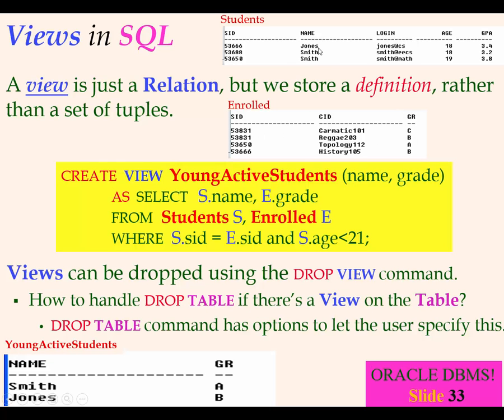How do I know? Jones 53666, and you can see the B. Let's look at the Smith. Now I did remove less than 21. So the Smith is this Smith 53650. So this is the Smith.